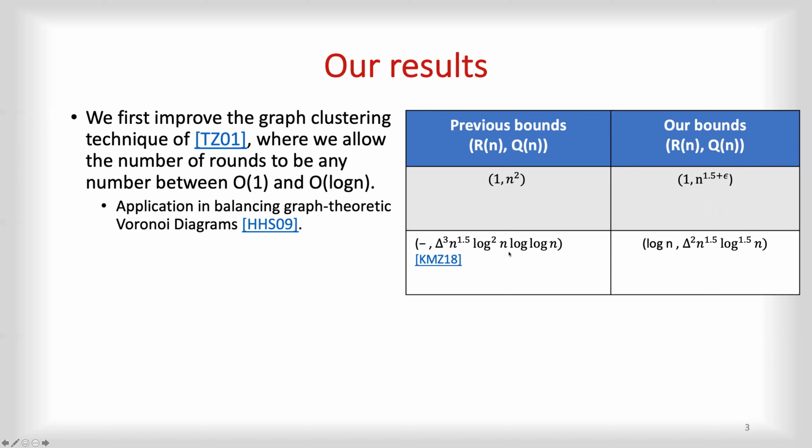For the non-parallel algorithms, there is previous work by Cannon et al. using this number of queries, where we present a parallel version that takes O of log n rounds, but it also improves the total query complexity. And our bounds hold with high probability, whereas the others of these two papers prove their bounds only in expectation.